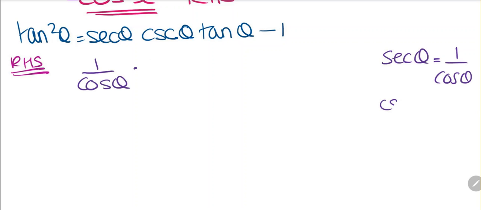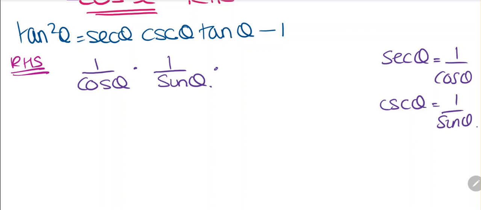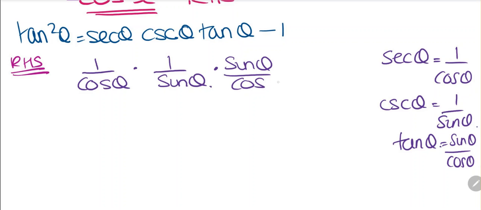We know that cosecant of theta is 1 over sine of theta. So let's rewrite that. We know that tangent of theta is equal to sine of theta over cosine of theta. So this is going to be sine theta over cosine of theta, and then we have minus 1.